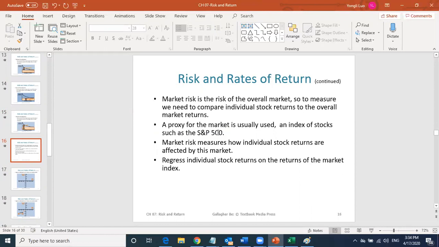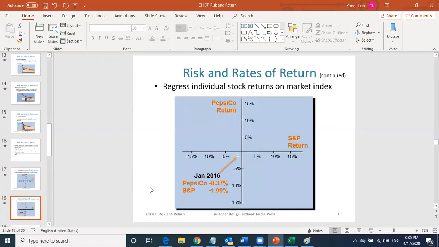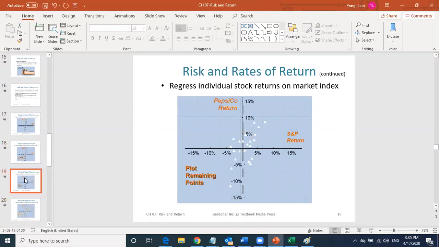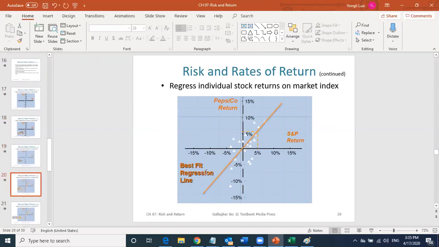You have a proxy for the market, the index of the stock, and you measure the market risk of your own stock using what we call beta. So what is the beta? Beta is the slope of your stock's return relative to the return of the general market. The general market index we usually choose is the SP 500.